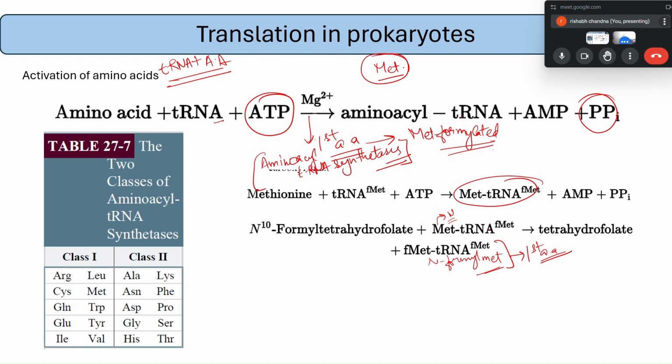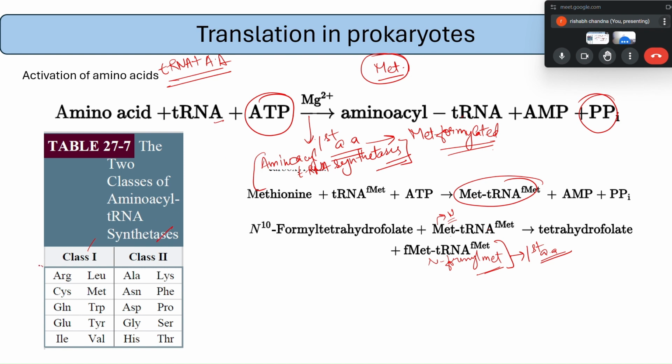So these require ATP. Now there are two classes of amino acyl tRNA synthetase that catalyze addition of different amino acids to the tRNA. Okay, so we have class 1 and class 2.